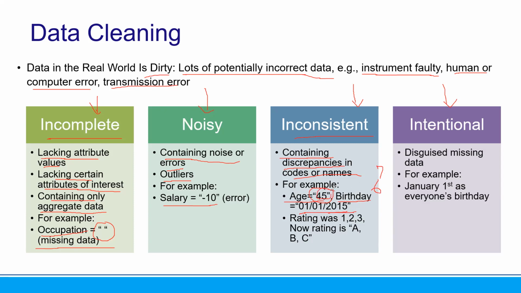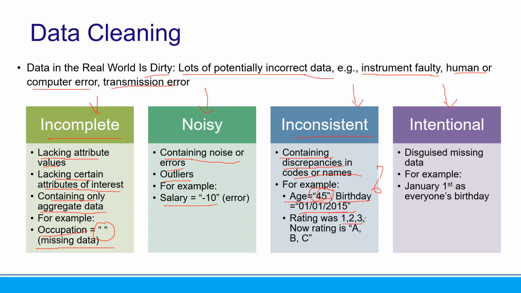Or when you have a rating, so you want to get feedback from customers. First you ask the customer, what is the best expression about my product? 1 is good, 2 is normal, and 3 is bad. But some people think 3 is good, 1 is bad.